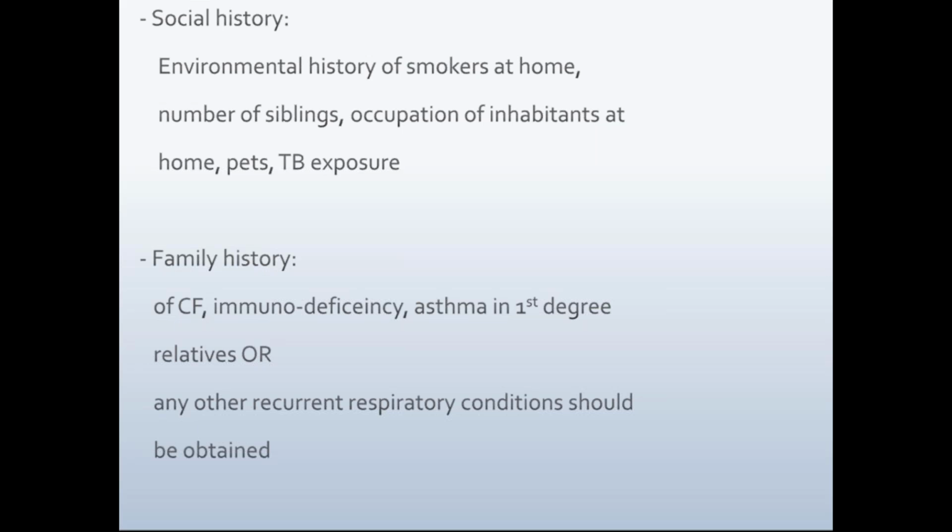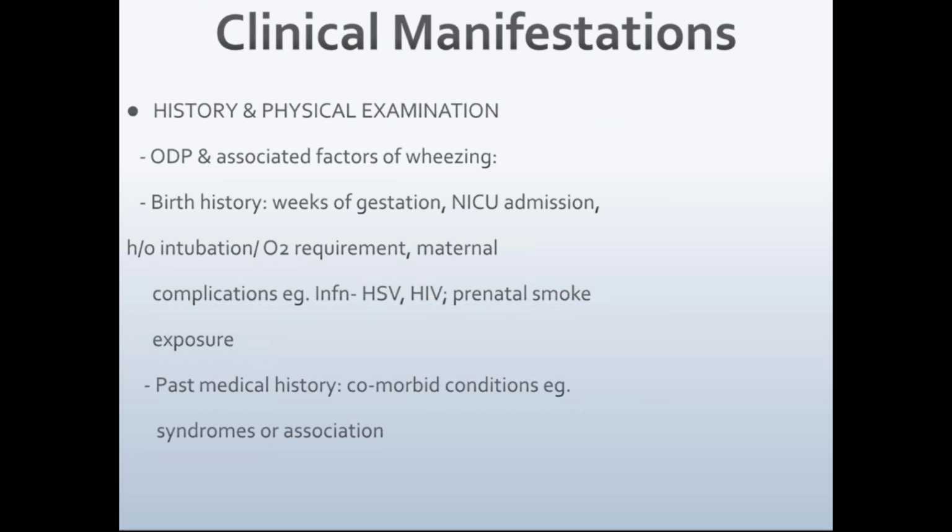When you are taking the history, you have to start with the birth history. You may get clues from there itself, because in cystic fibrosis, the first clue that you get is that the child will not pass meconium during the initial days of life. Each and every point is very important, because getting an accurate diagnosis or narrowing your diagnosis is very difficult when you are in a hurry or jumping only to the clinical features.